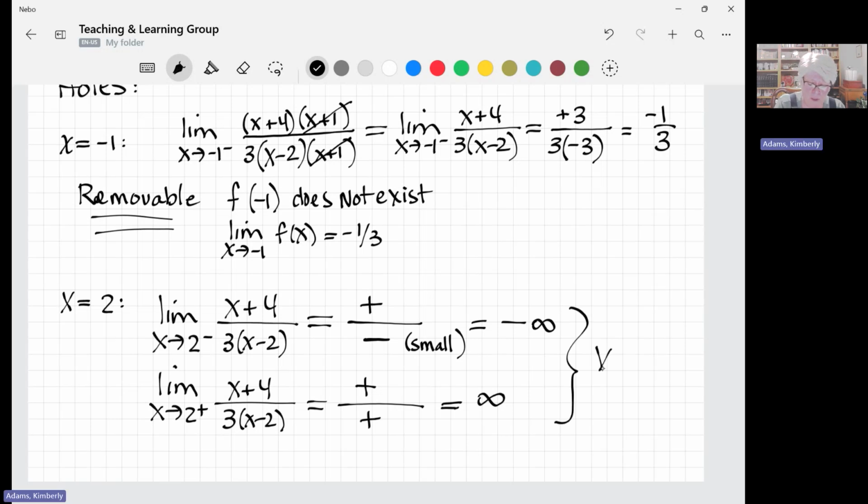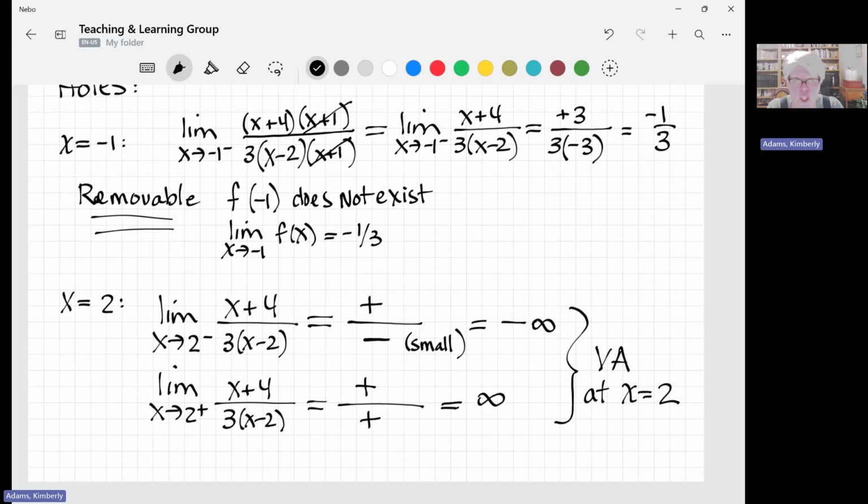This tells me there's a vertical asymptote at the point where x is equal to 2. So on my graph, when I graph this in a minute, I'm going to see a vertical asymptotic line. On the left-hand side of 2, I'm getting close to -infinity, and on the right-hand side, I'm getting close to positive infinity.